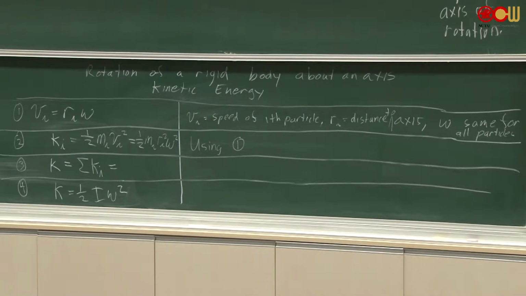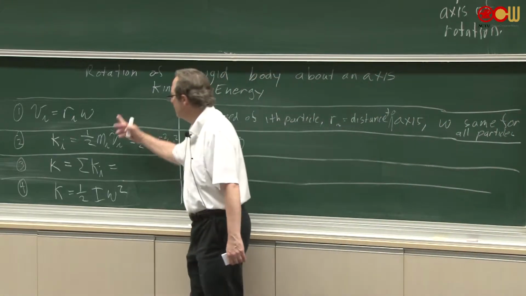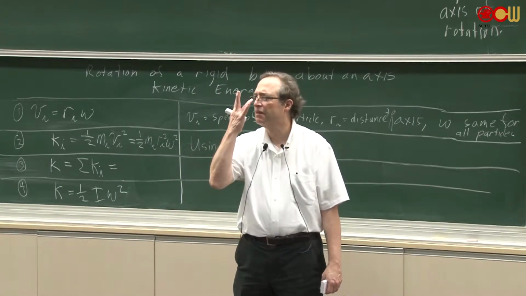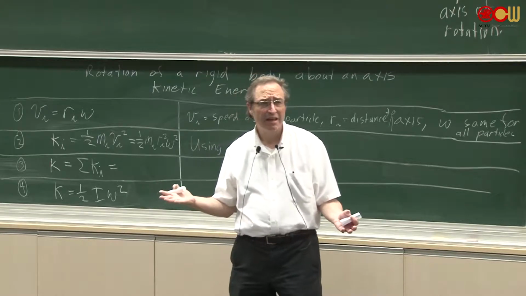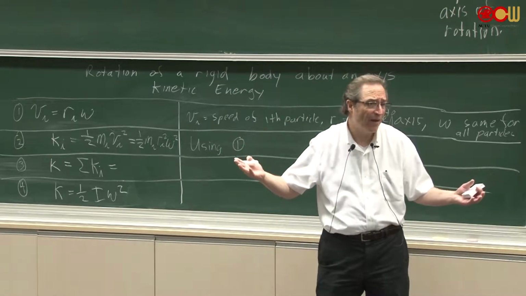Is there anything else we should write down? How did we even get from here to here? This may not be obvious, but we have to say that the kinetic energy of a particle is 1/2 mv squared.